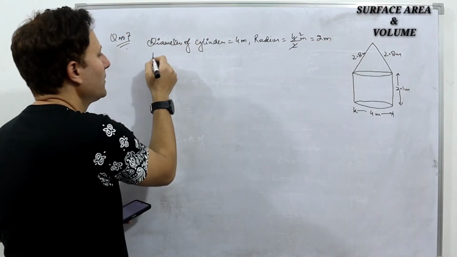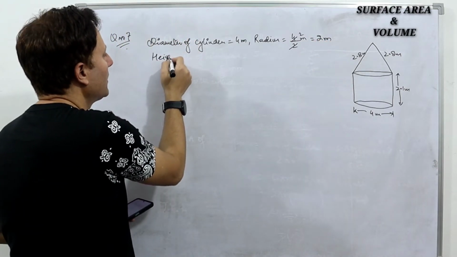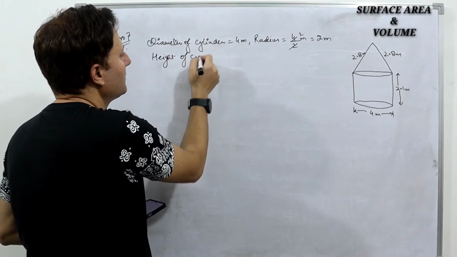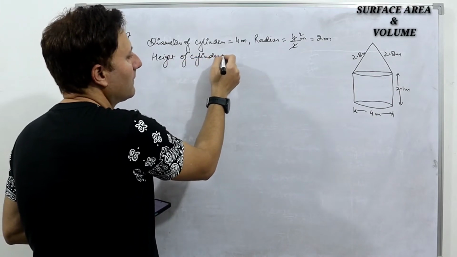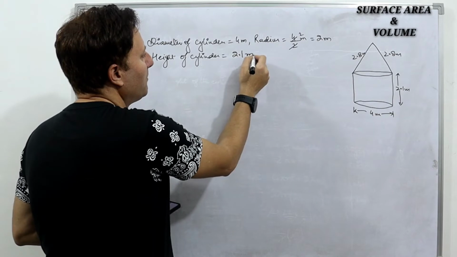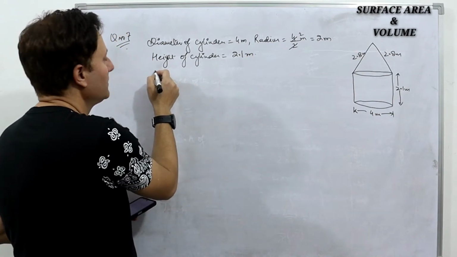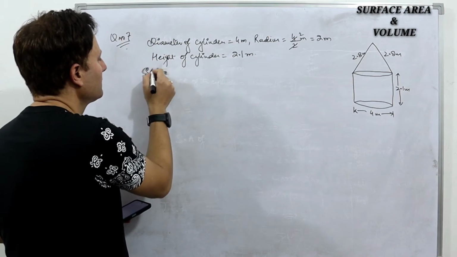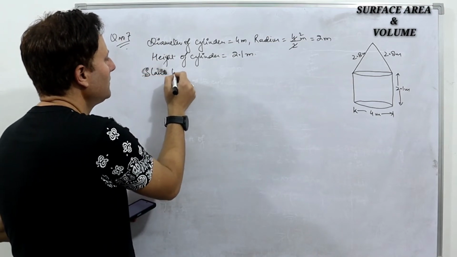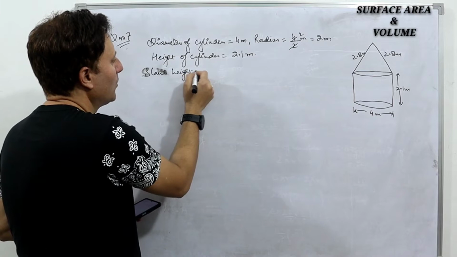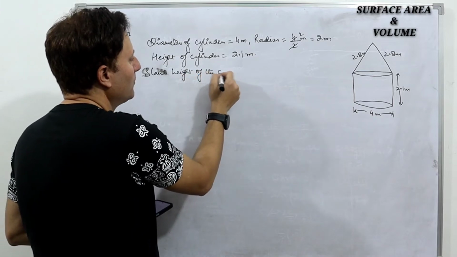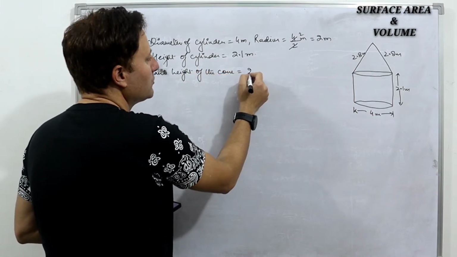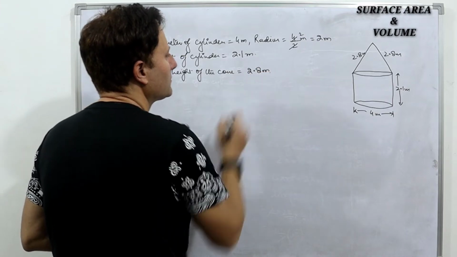Okay, what else is given? Height of cylinder is 2.1 meter. The slant height of the cone is 2.8 meters.